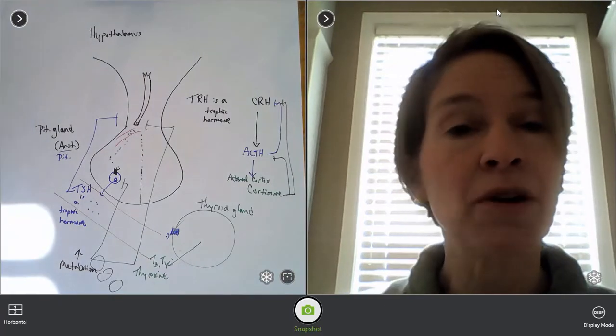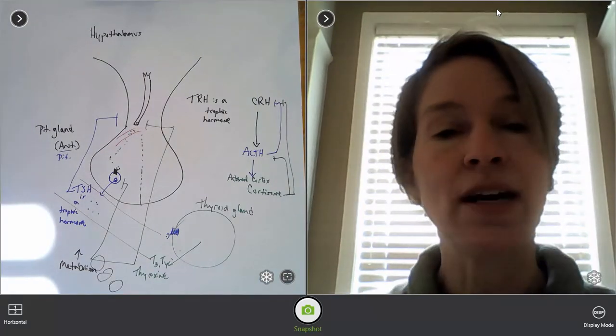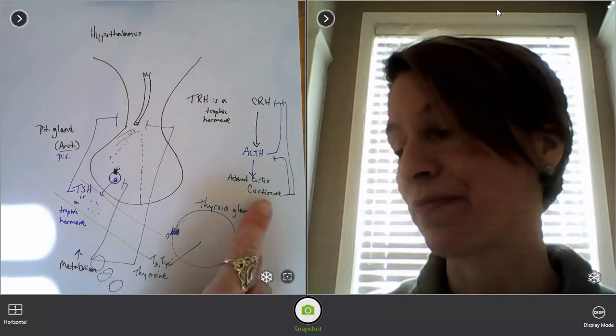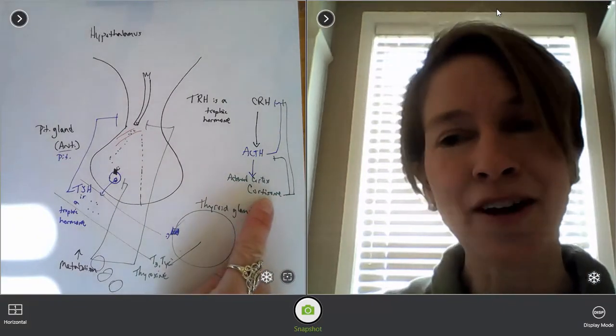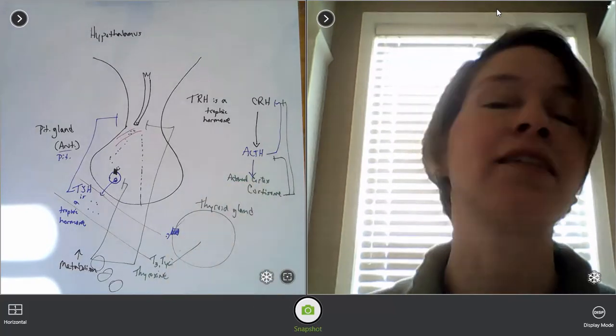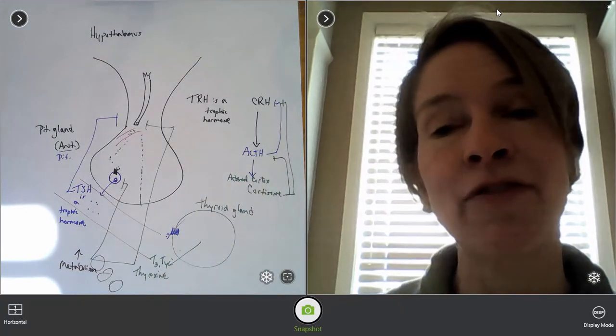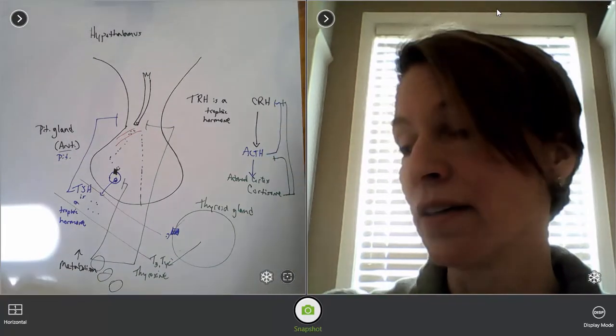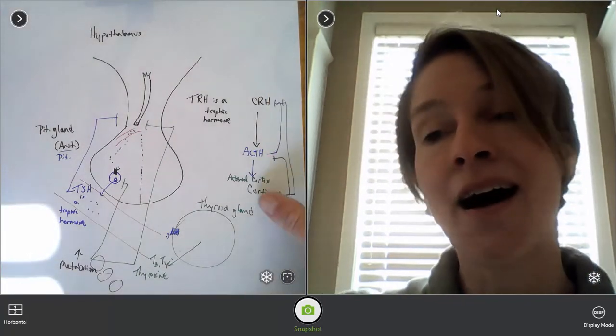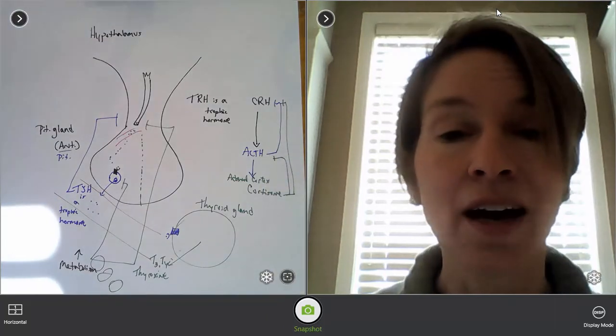This is really important because if you have a patient who has high levels of cortisone, it is not necessarily a pathological problem with the adrenal cortex. In other words, that patient could have a brain problem here or here causing a high secretion of cortisone.